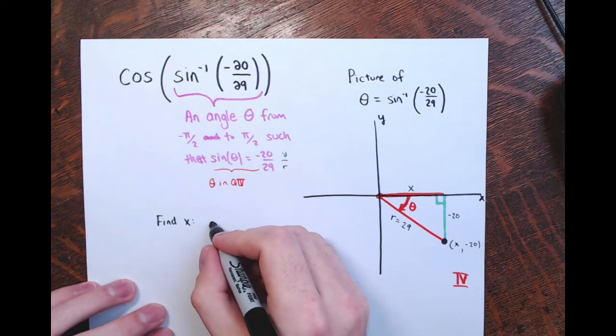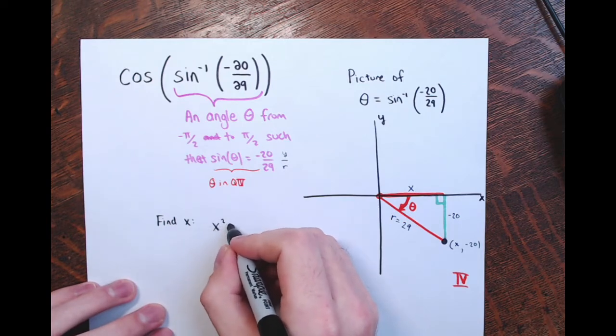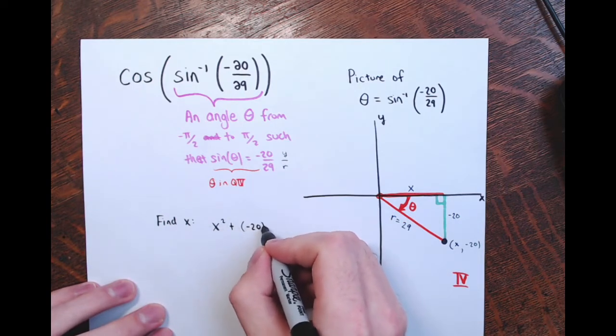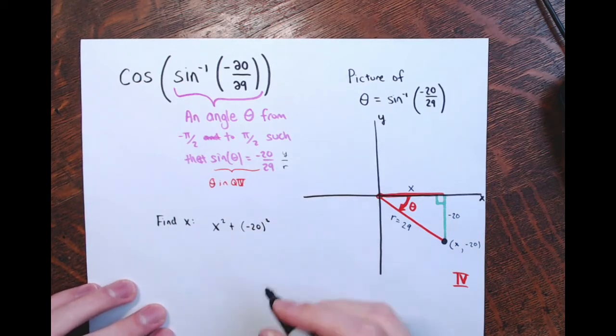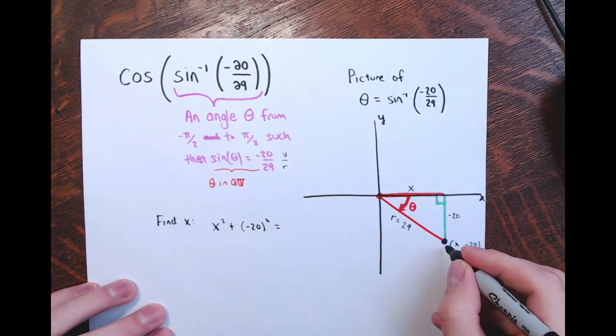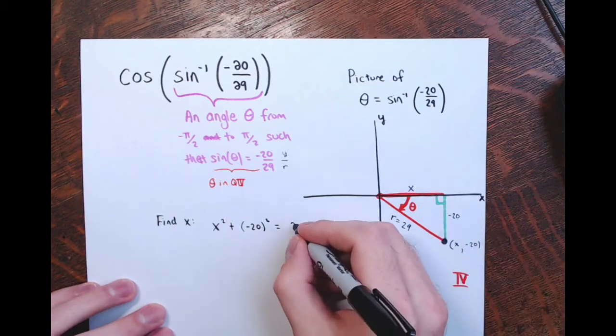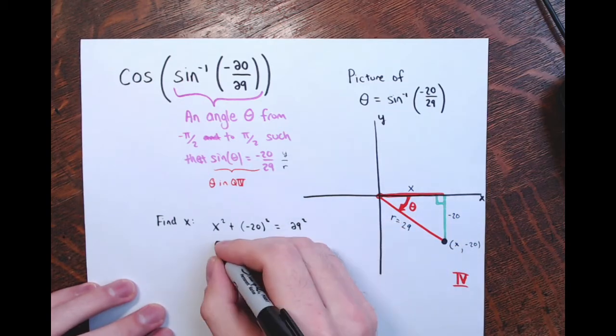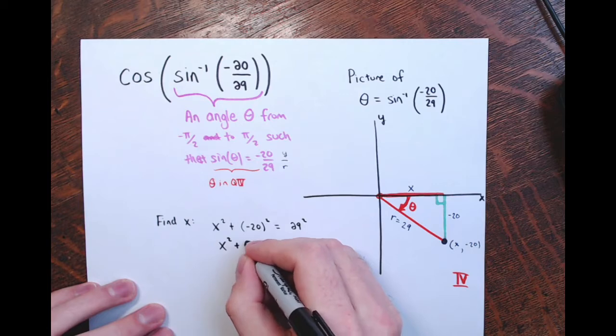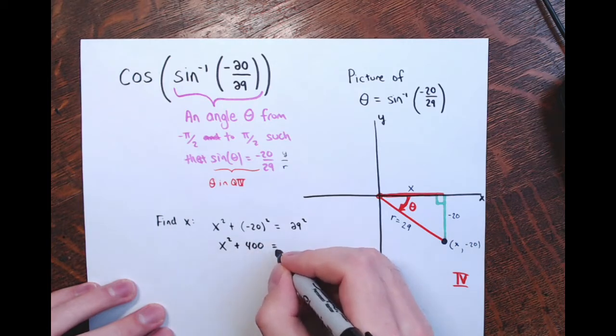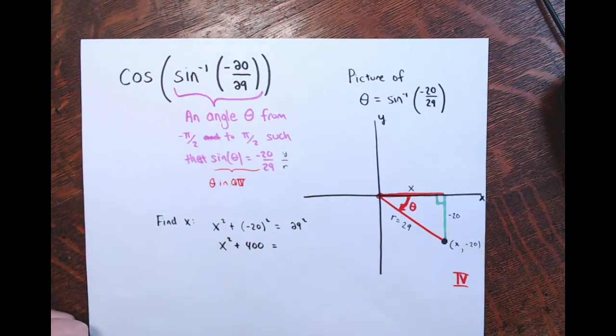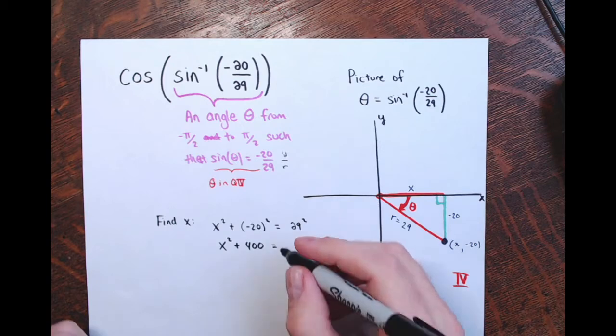So we'd have x squared plus negative 20 squared. The sum of the squares of the legs will be equal to the hypotenuse squared, the distance from the origin squared, 29 squared. So there's x squared plus 400 equals, let's see, 29 squared: 38 times 2 is 76, 760 plus 81, 841.